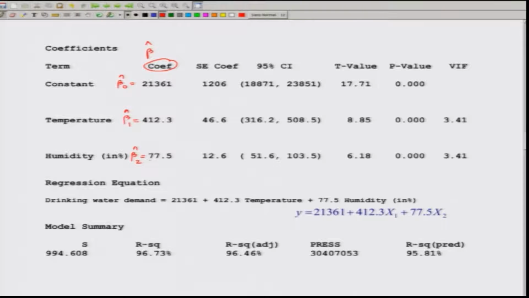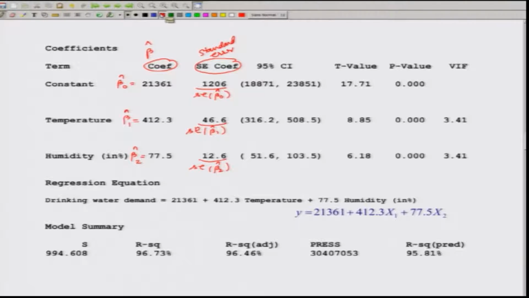Okay. Now this is the standard error. So these values are giving us the idea of the standard error of the different coefficients. So this is the standard error of beta hat naught, this is the standard error of beta hat 1, and this is the standard error of beta hat 2.